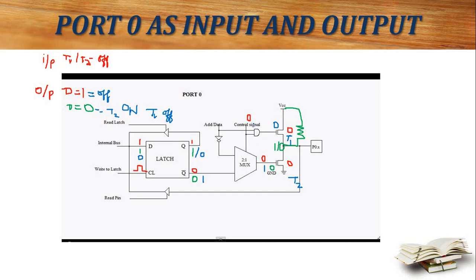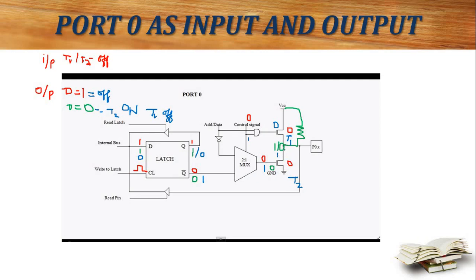In an AND gate, if both the signals are 1, at that time only I'll get the output as 1. So the mux output here is 1. It will be going here. So 0 and 1 is 0 only. So this is off, this is on. Even though this is on, now I'll get a voltage as 1 here.